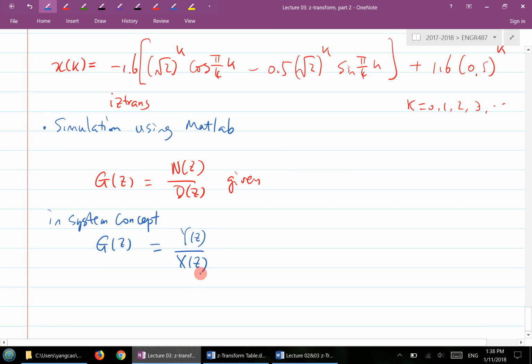So this is the concept. Where does g of z come from? It comes from a ratio of the output y of z over the input x of z. It's basically a block like this.